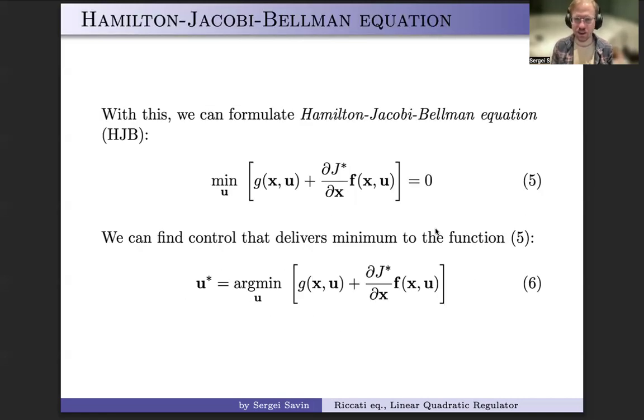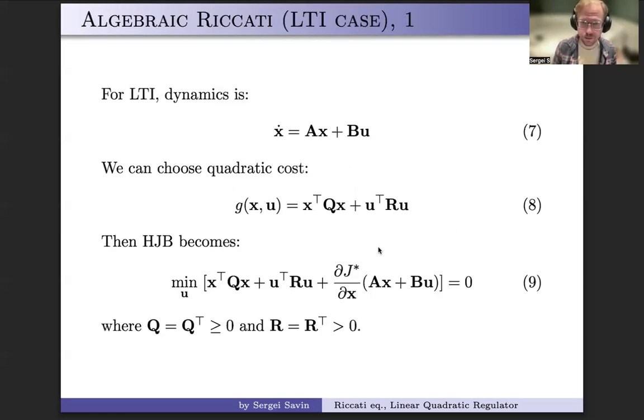All right. Now, our game from this point on will be to apply this to linear systems. So LTI dynamics, as you remember, look like this: x dot equals Ax plus Bu. Notice we don't have an output here, no y equals Cx.